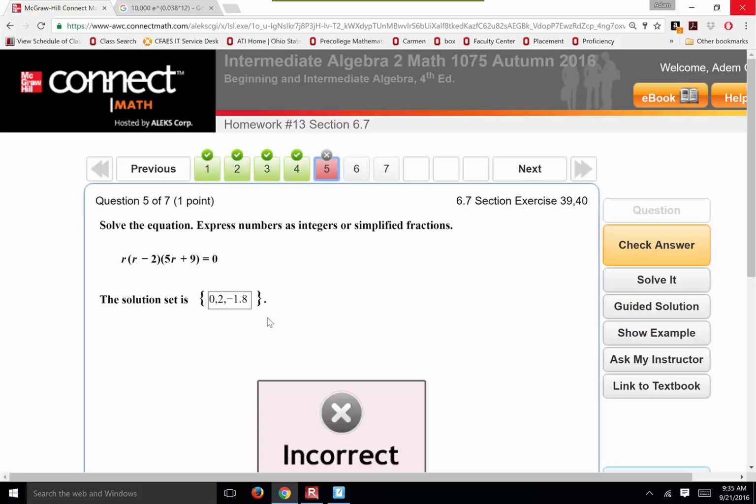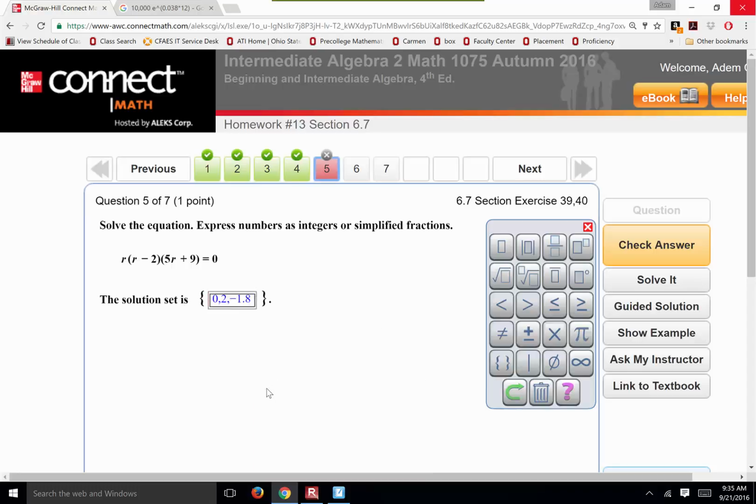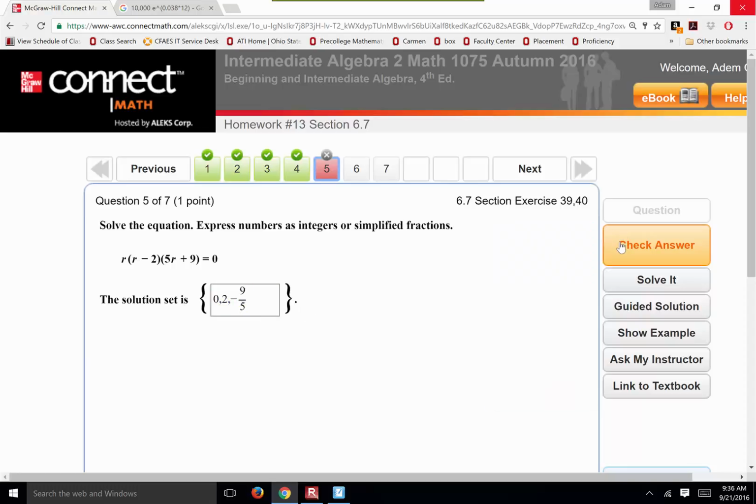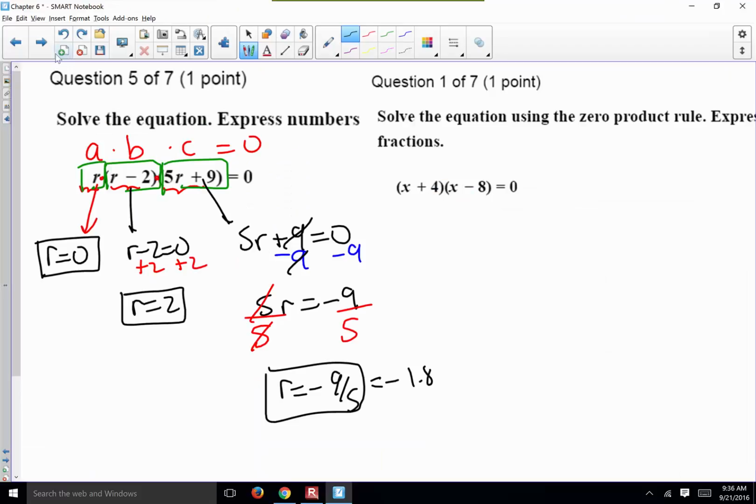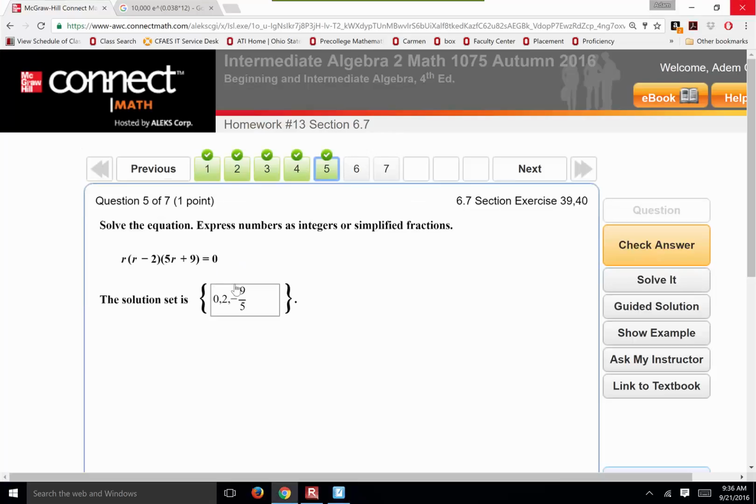No, it doesn't like, don't use it. They want fractions or integers, whole numbers or fractions, no decimals. It's 5. Alright, we fixed it. Again, you can flip 2 and 0 if you want, no matter.